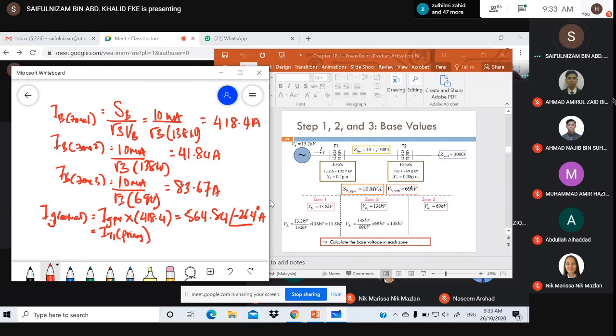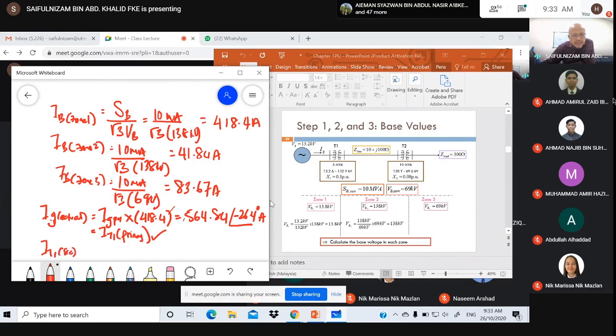Is it the same? Primary for zone 1. Correct. Okay, I T1 secondary actual equals what?